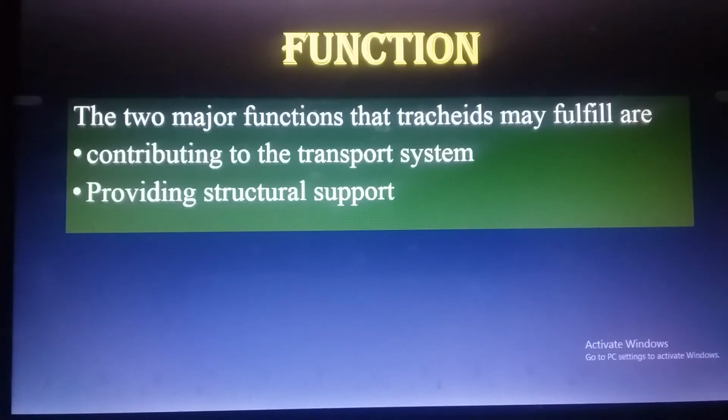Number one, as we know this is the conducting tissue, they transport water. And the second one, they provide structural support because they are highly lignified cells. Their walls are lignified, so they provide support as well as help in the transport of water.